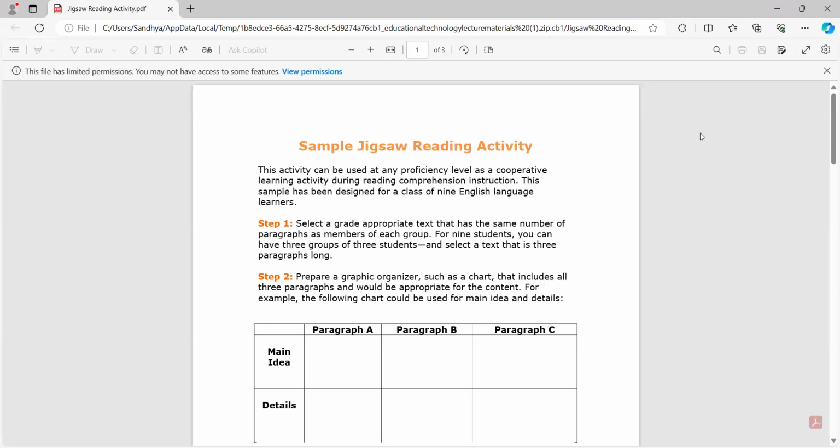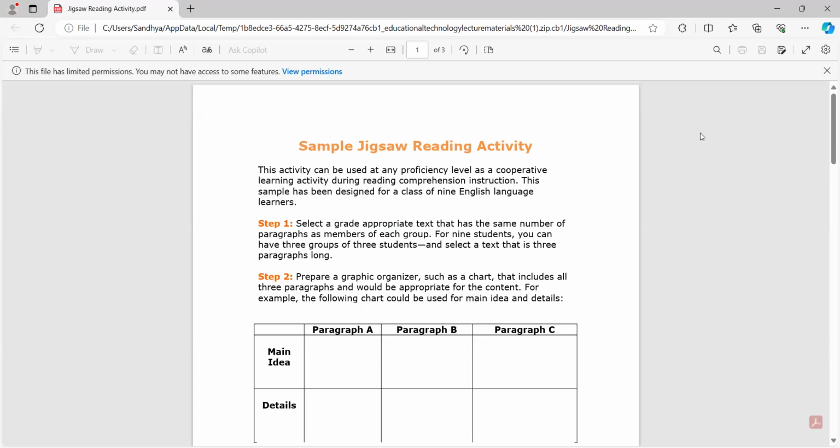And then the expert groups do the activities, become experts in their part, come back to their jigsaw group and talk to each other, share knowledge, and do the activity based on the whole text. Language class, history, science, whatever they have to read and learn, they can easily do this. Even mathematics class, it will be possible.